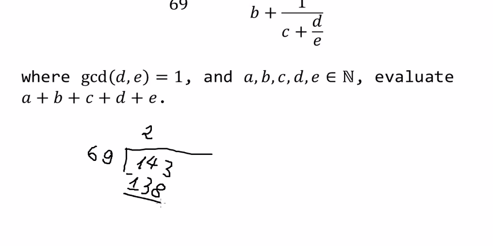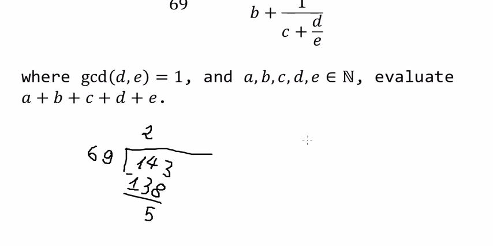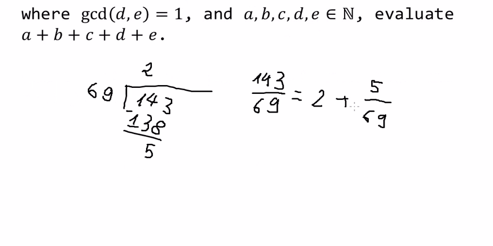We minus together, and you will get the number 5. So 143 divided by 69, you will get 2 plus 5 over 69. Now the number 5 here, we can put it here.